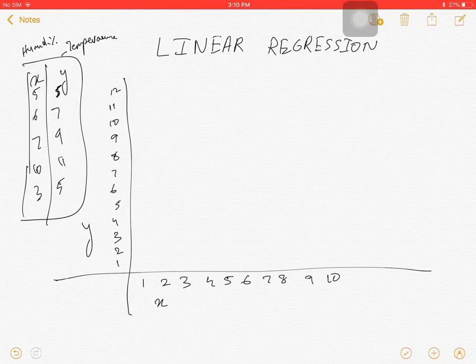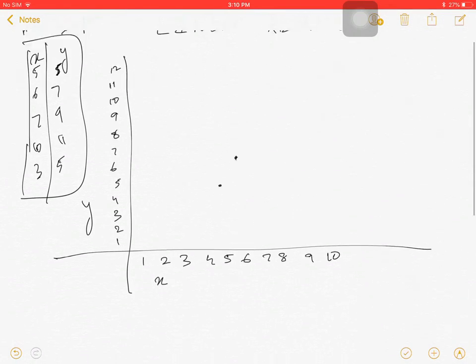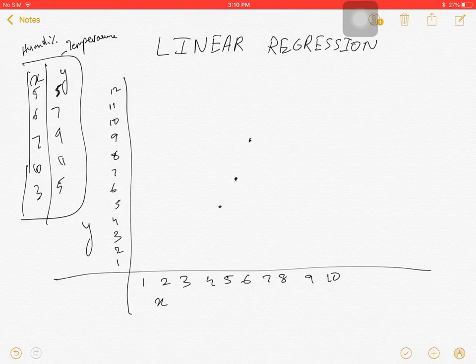The first point is 5 comma 5, about there. The second point is 6 comma 7, about there. The third point is 7 comma 9. Then 10 comma 11. And then 3 comma 5, let's just change this to 3 comma 2, about there.